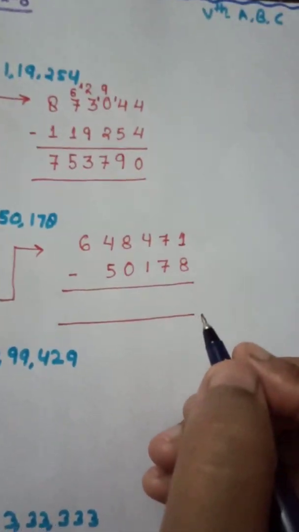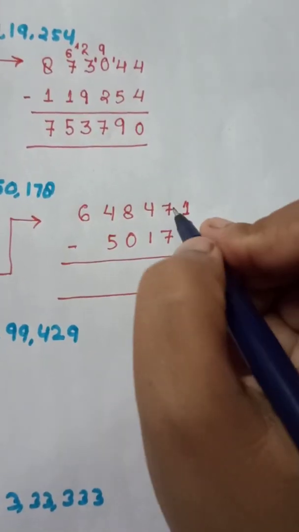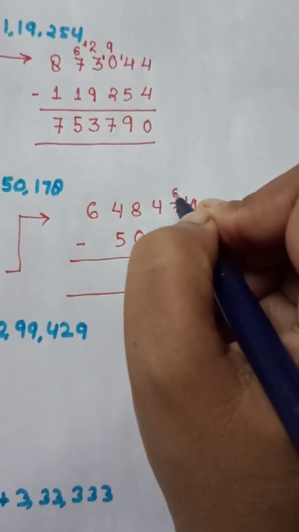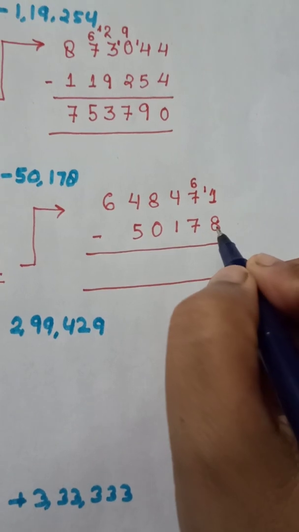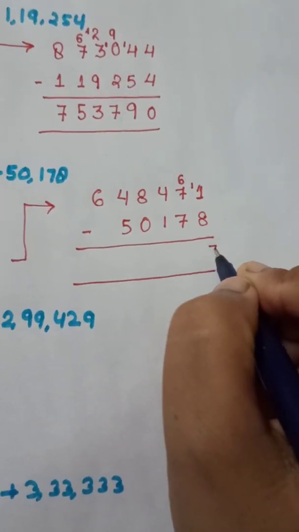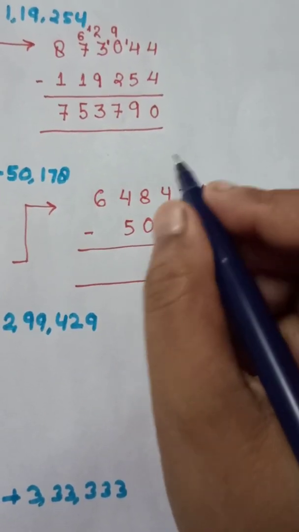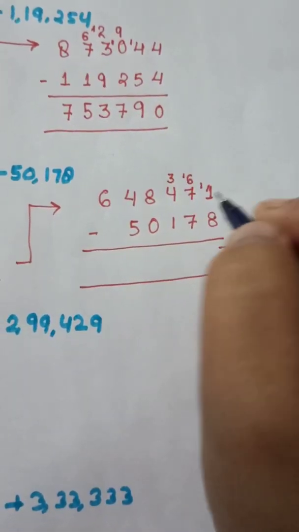Can I subtract 8 from 1? No. So we'll take one borrow. It will be left with 6. Now first of all subtract it. 8 subtracted from 11 will give us 3. Now we cannot subtract 7 from 6, so we'll take one borrow again and it will be left with 3.